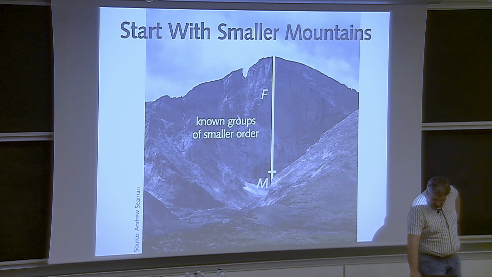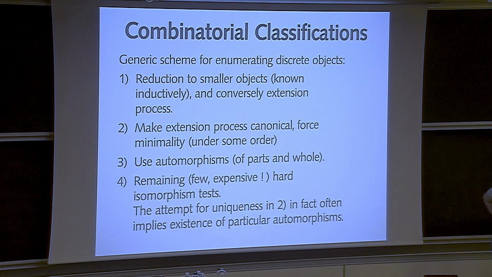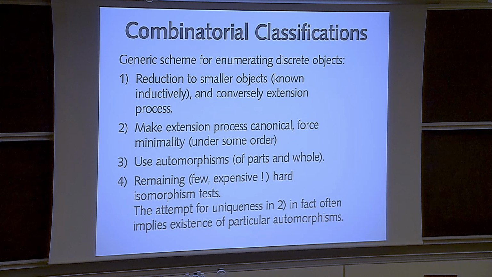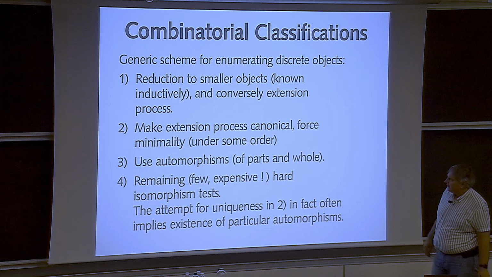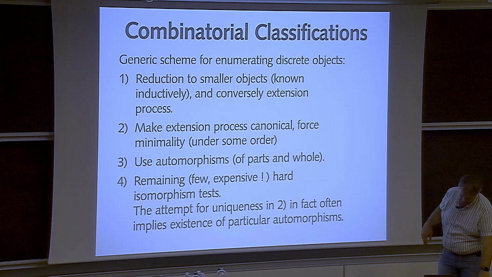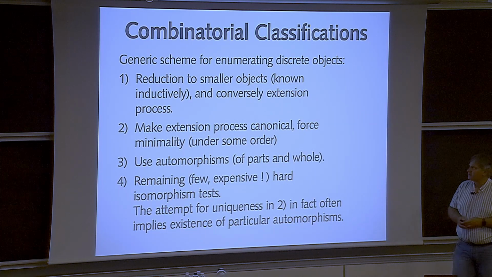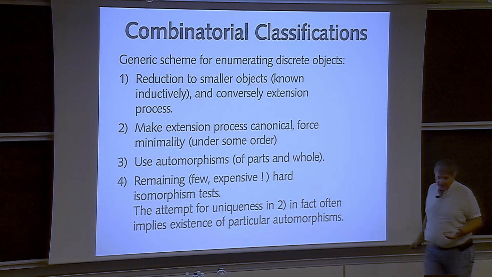Okay. There is also something in the background which is essentially how any kind of enumeration of objects with a combinatorial flavor works, and that would be if you enumerate graphs or codes or designs or whatever kind of structure. So we have a reduction process to smaller objects.